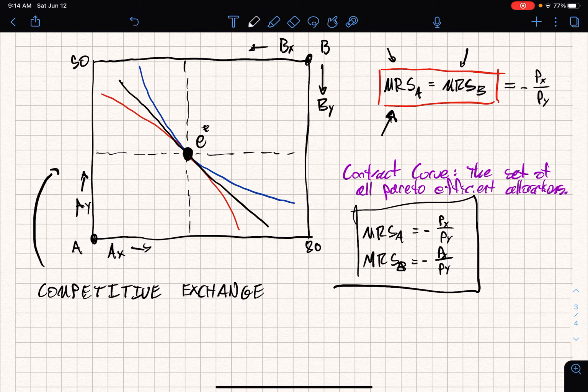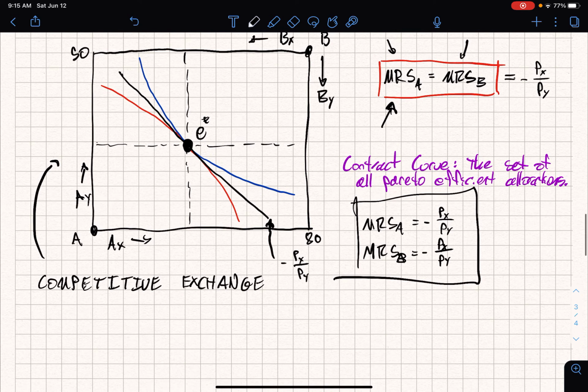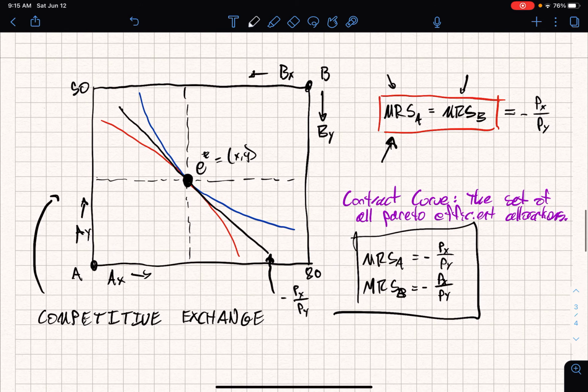And the slope of this line is px over py, and it runs through our endowment. And that's competitive exchange.